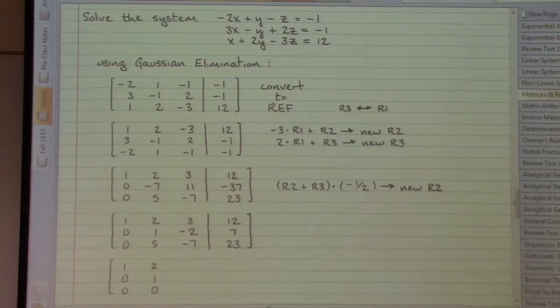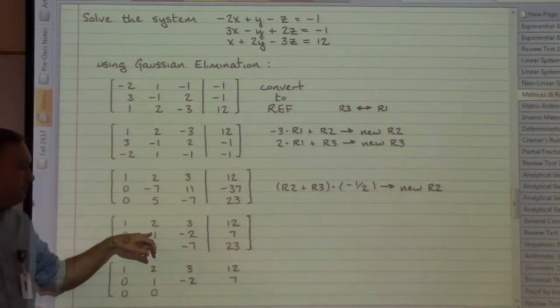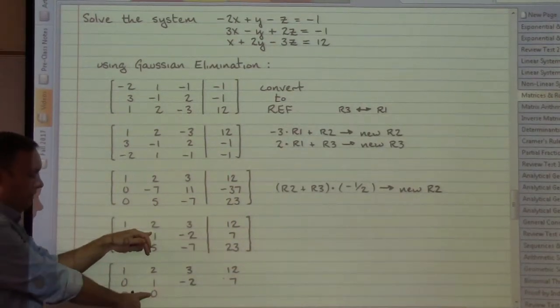Now, back to the first row there, which again is just being recopied, and the second row now, which I've got locked into place. We would want to create a 0 down underneath of that 1. Down underneath of that 1, I would like to get a 0.